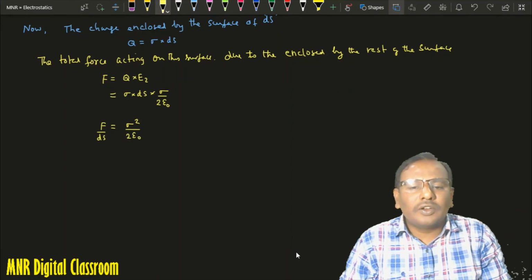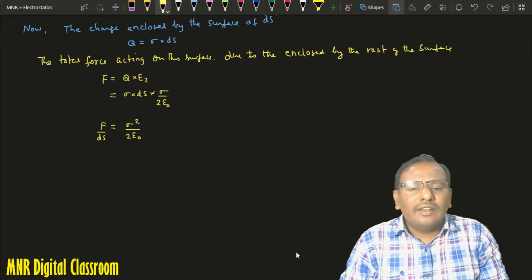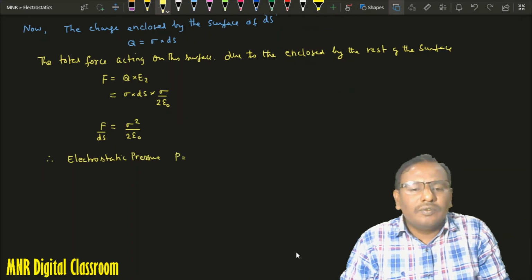This is force per unit area. The mechanical force acting on the surface per unit area is called electrostatic pressure. Therefore, the electrostatic pressure P is equal to F divided by ds, which is equal to sigma square by 2 epsilon naught.